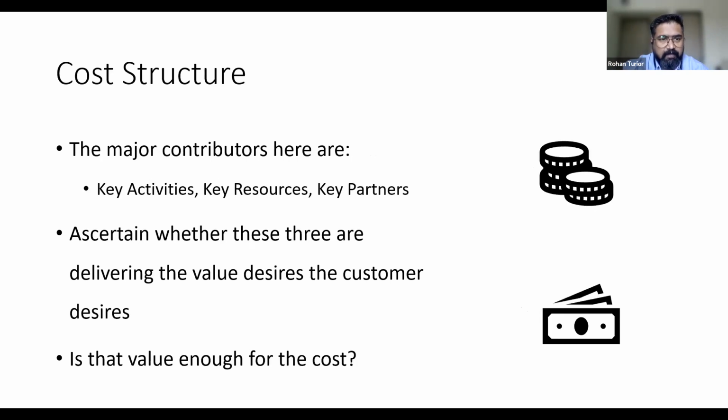Now the complete left part of the equation boils down finally to the cost structure. The major contributors to the cost structure are the key activities, the key resources, and the key partners. We need to ascertain whether these three are delivering the value that is desired by the customer.